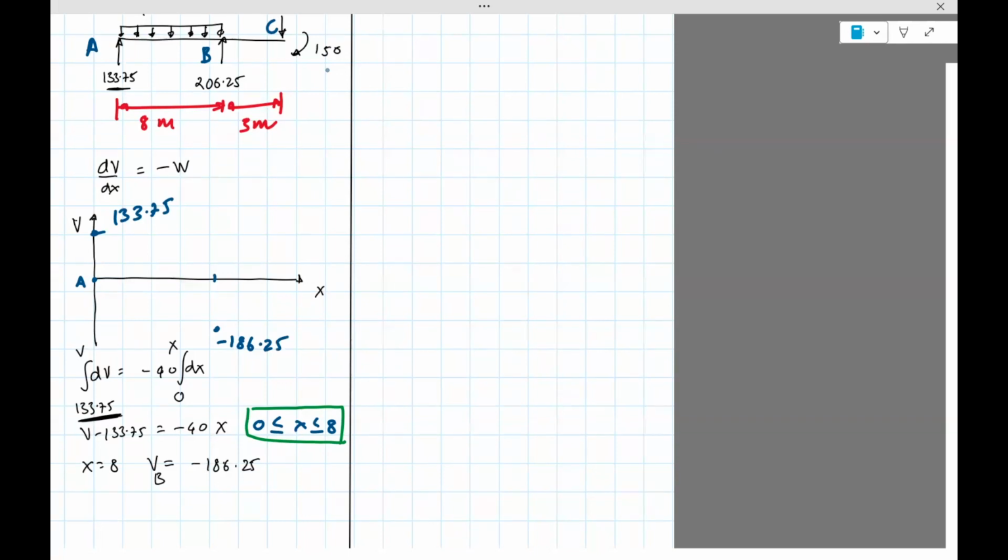Since this is a linear function of x, we connect these 2 points using a straight line.